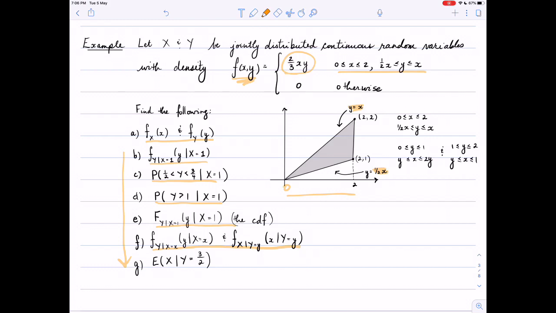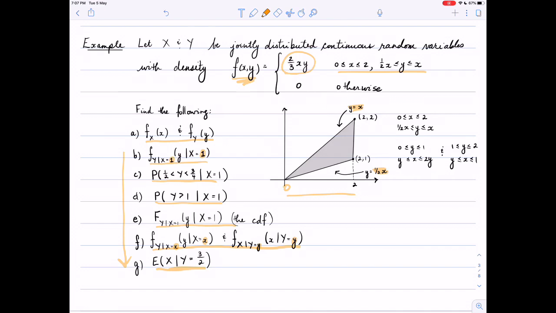One, I've actually put in a value, x equals 1. The other, I'm just saying for any general x, for x equals little x, and the other way around for the other conditional, for x given y equals y, and then an expected value. So we're going to do all of that for the continuous case.